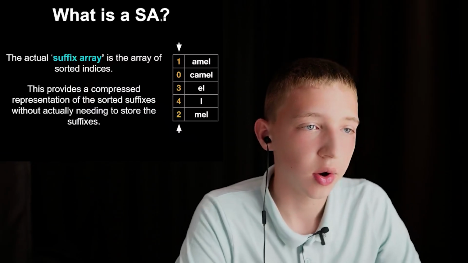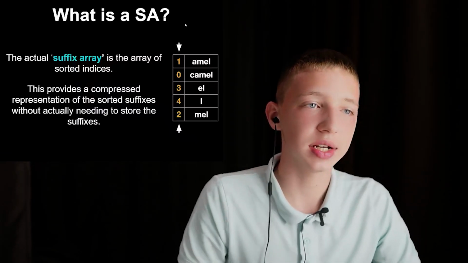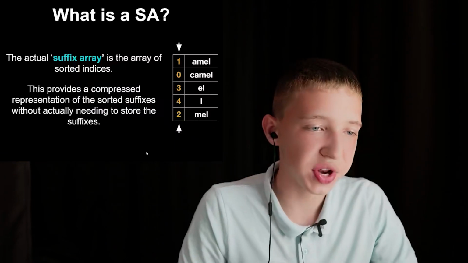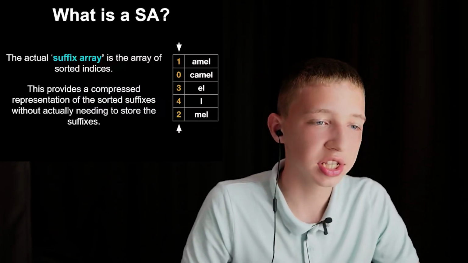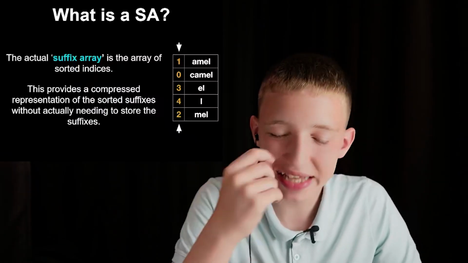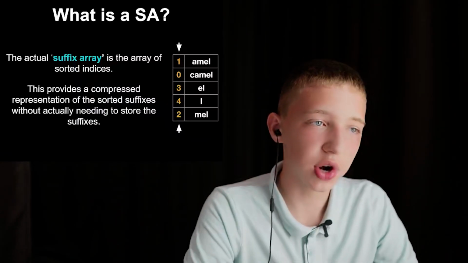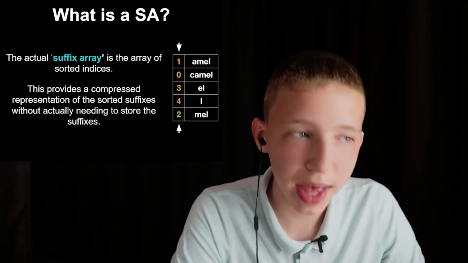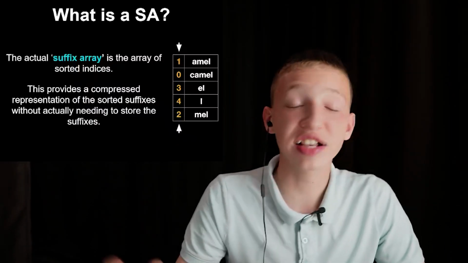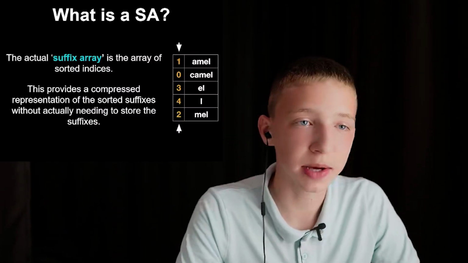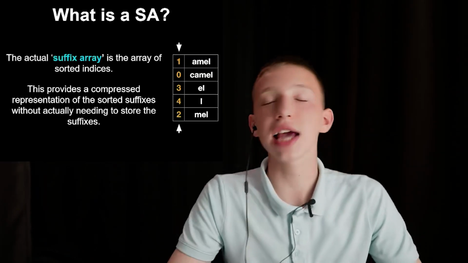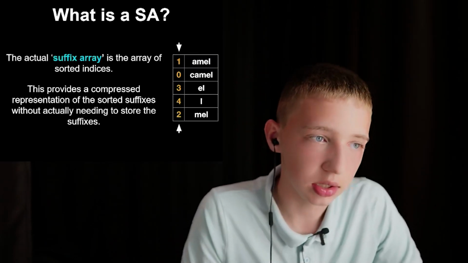So that is the end of today's topic about LCP. In summary, this LCP array is an array which tracks how many characters two sorted suffixes have in common with each other.